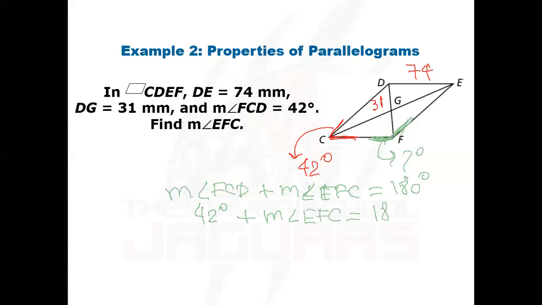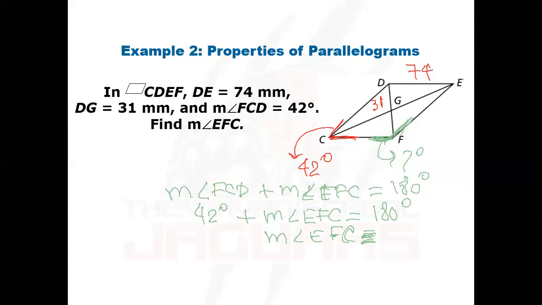So in here, guys, it's a normal equation that you know how to solve. The measure of the angle EFC would be equal to 180 minus 42 degrees. 180 minus 42 is 138.